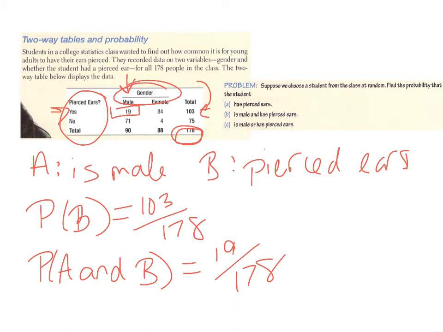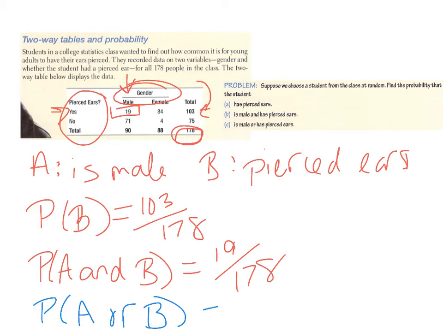So in part C then, I want male or pierced ears. I want the probability of A or B happening. What I need to be careful with is that I don't count things twice.